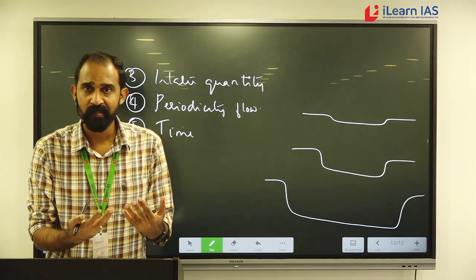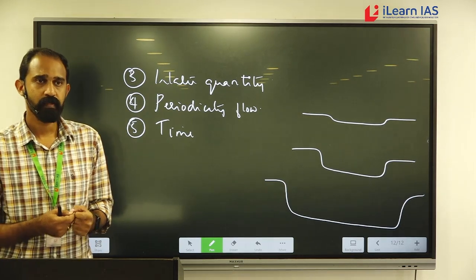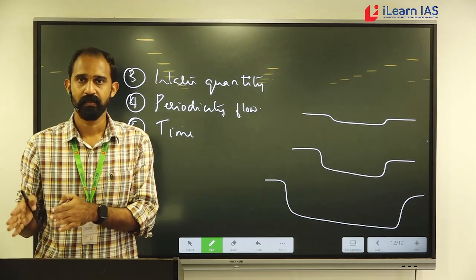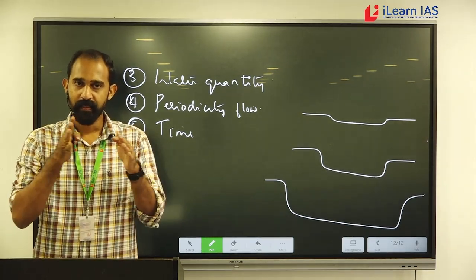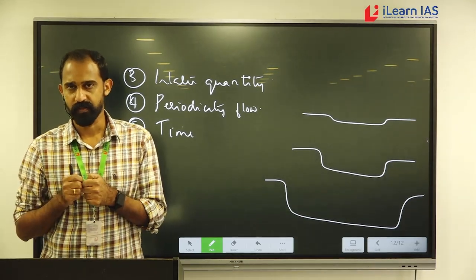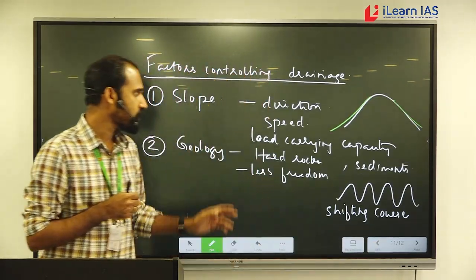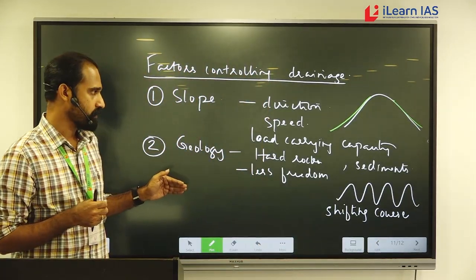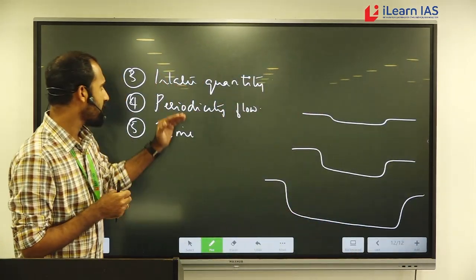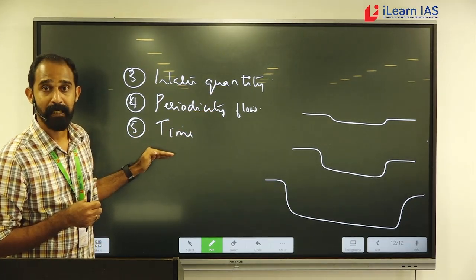So when you look at the factors controlling the drainage, we are talking about factors which can influence the characteristics of the drainage, like the direction of flow, the speed, the erosion capacity, deposition, the load carrying capacity, etc. Here two factors are very, very important: the slope and the geology. In addition to these two, there are other factors coming into play, like the quantity of water, the periodicity of flow, and the time.